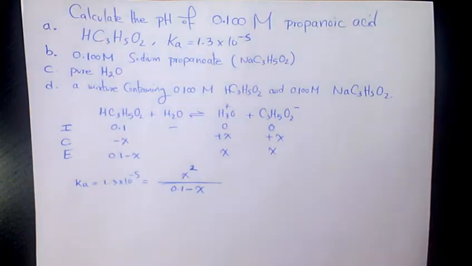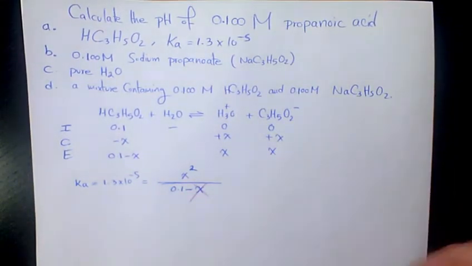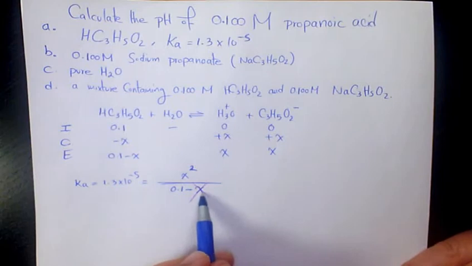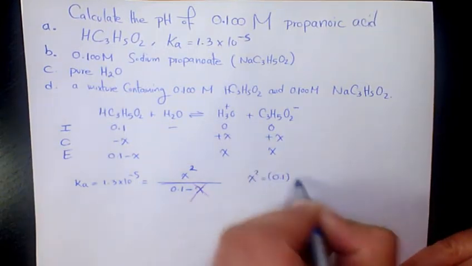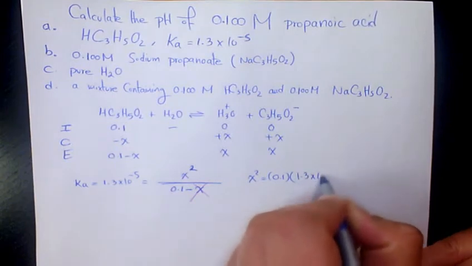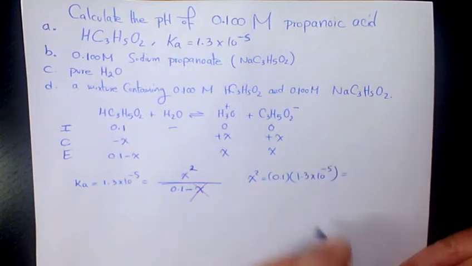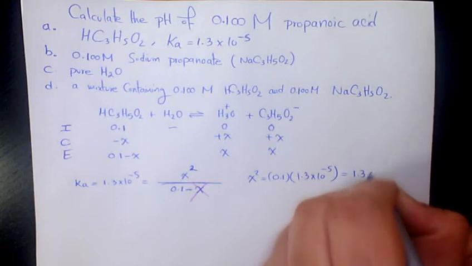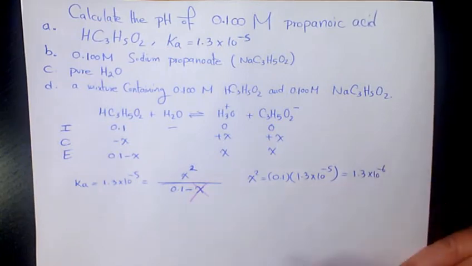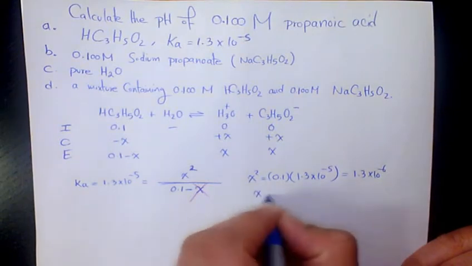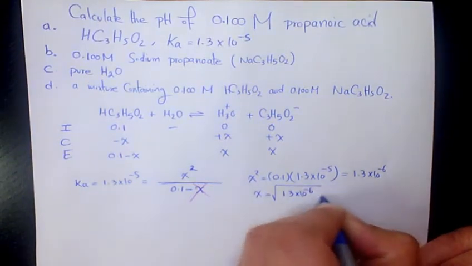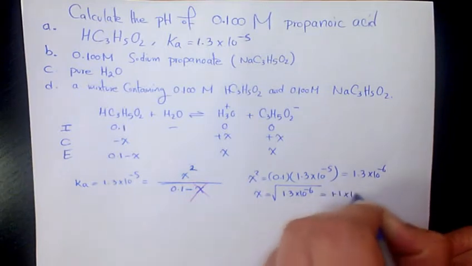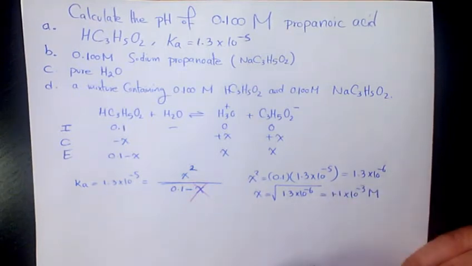So then we cancel x in here because it's negligible, and then we can say x squared equals 0.1 times 1.3 times 10 to the power of negative 5. That will be 1.3 times 10 to the power of negative 6. So when you find the square root of 1.3 times 10 to the power of negative 6, it will be 1.1 times 10 to the power of negative 3 molar.